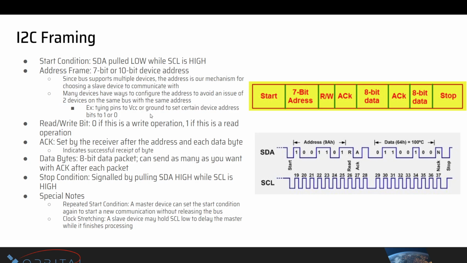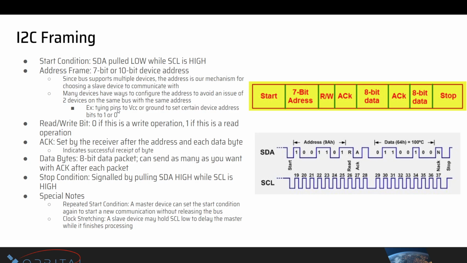Also, as a quick note, if you're on firmware, you probably saw this in the onboarding. A lot of devices have ways to configure this address, so that you don't run into an issue where two devices have the same address. Like if there were two Georges in the room and I said "Yo George," they wouldn't know who I'm talking to. Same issue. So a lot of devices have some way to change the address.